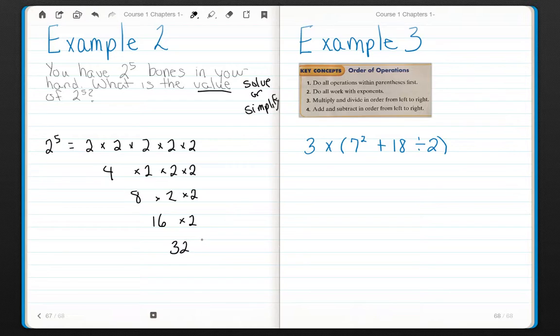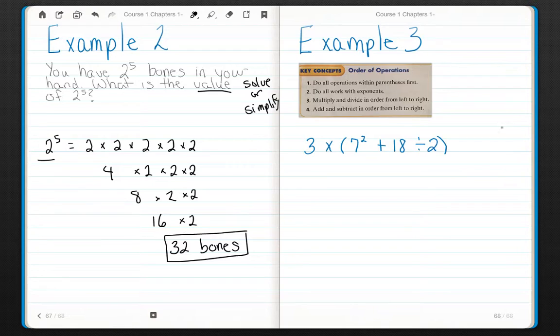So you have 32 bones in your hand. It's a lot of little bones to make your hand, right? Okay, so make sure you write the original problem, write it out, and then you can go ahead and solve it.